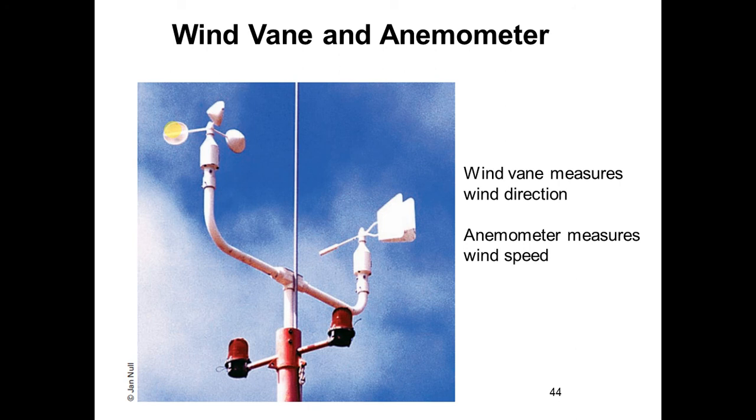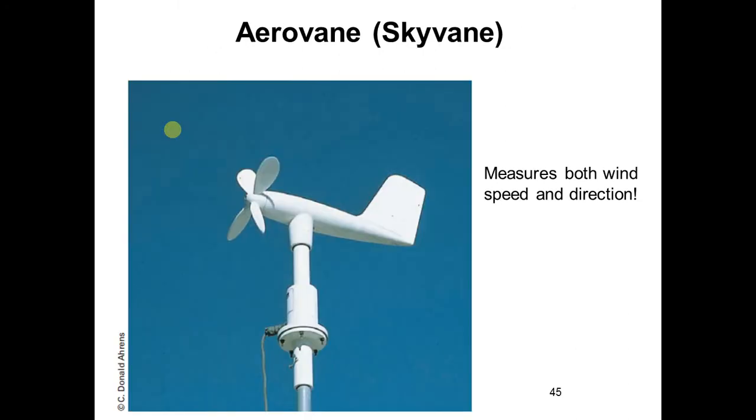Now, there are also meteorological instruments that can measure both wind direction and speed. The arrow vane, also sometimes known as the sky vane, measures both wind direction and wind speed.